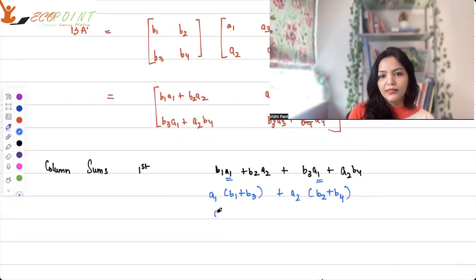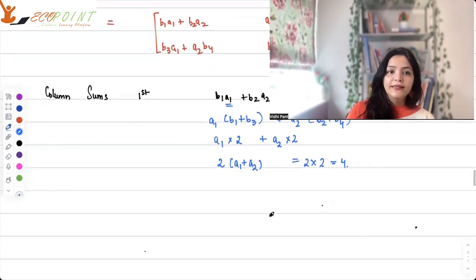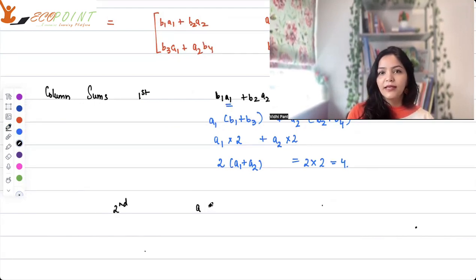So what I get from here is that A1 into this value is 2. A2 into this value is 2. So 2 comes out common. A1 plus A2, which means it's nothing but 2 into 2, that is 4. Similarly, the second column. Second column gives you A3B1 plus B2A4 plus B3A3 plus B4A4, right?